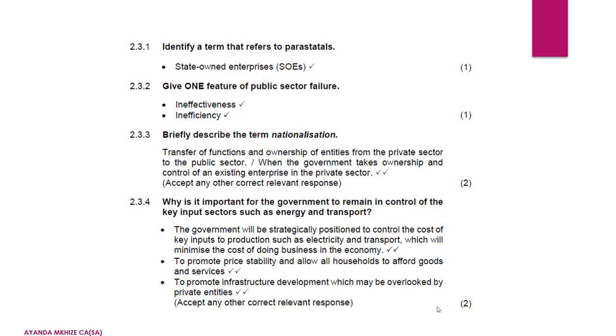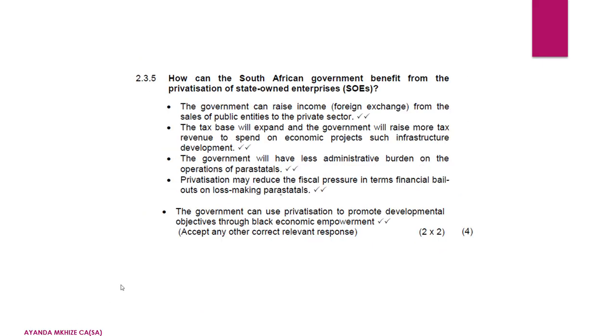So meaning to say only one solution you need to provide out of those three. So when we're looking at the question together, what did we say? We said it is because government wants to make sure that these resources are affordable to different numbers of households. And we made an example by using electricity as well as the rail transport.